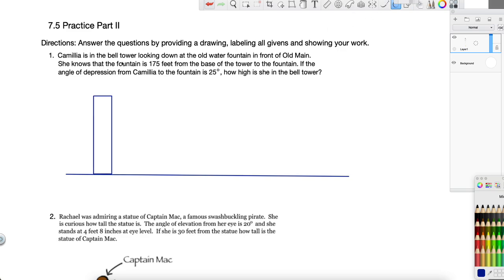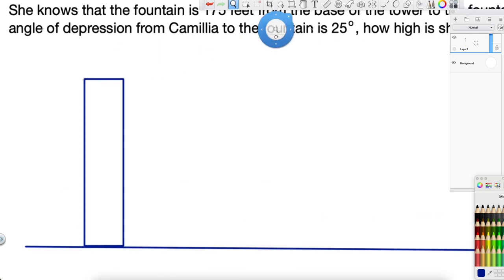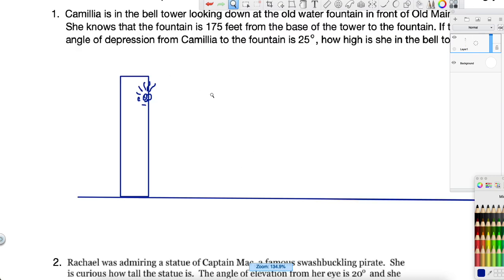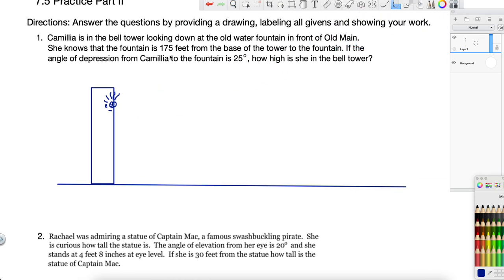And she's in the bell tower somewhere, right? So she's right here in a window maybe. And the old fountain is over here somewhere, let's say.